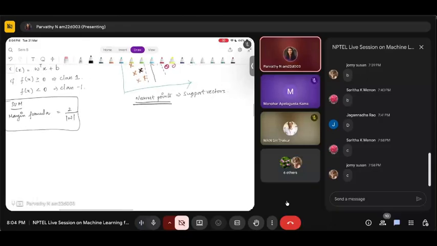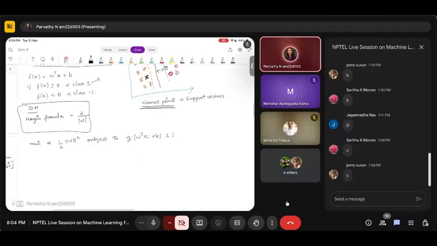The optimization part is you have to actually maximize the margin, but this is also equivalent to minimizing this norm square, subject to yi times (W transpose xi plus b) greater than or equal to 1, where yi is 1 or minus 1.